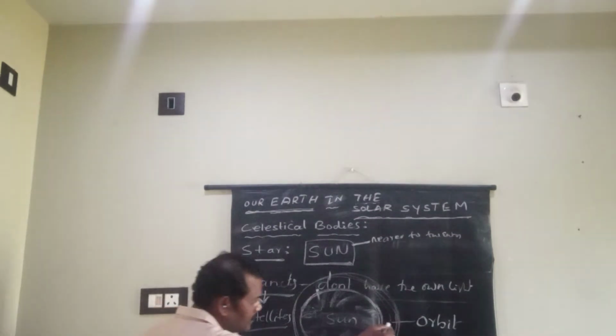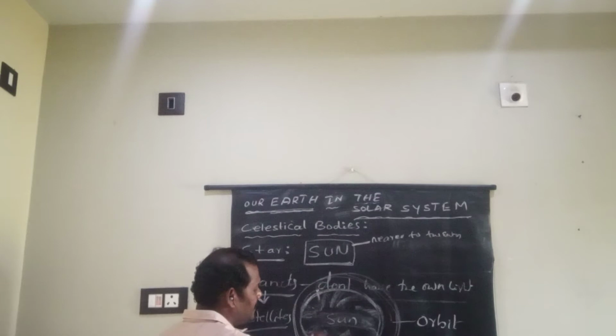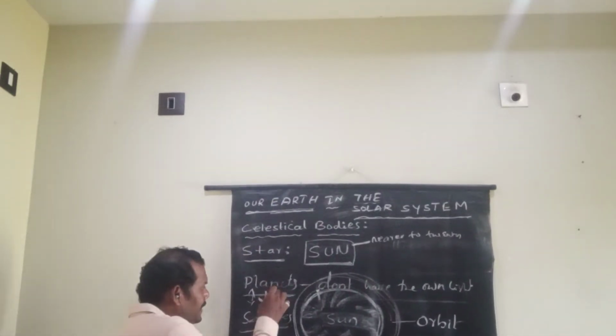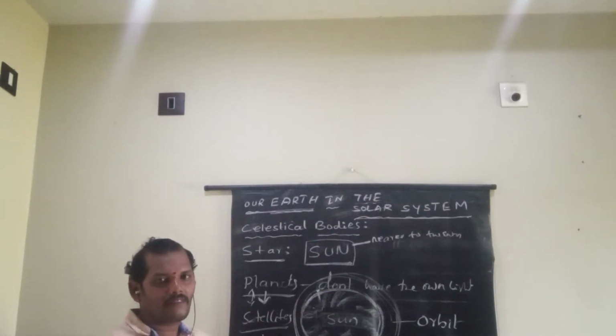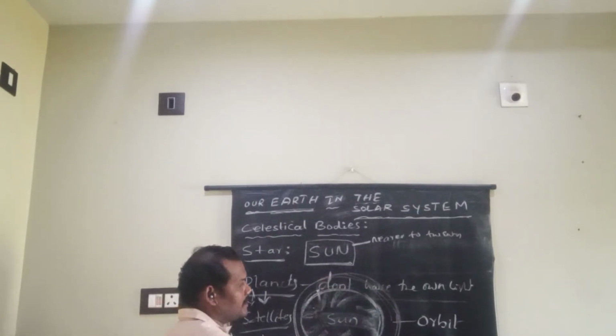By this revolution, these planets are getting the heat and the light from the sun. That means indirectly the planets or the satellites are depending on the stars, that means the sun.